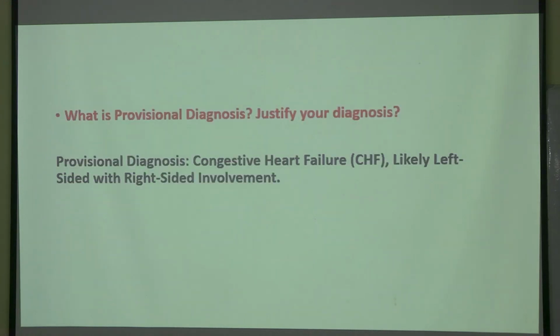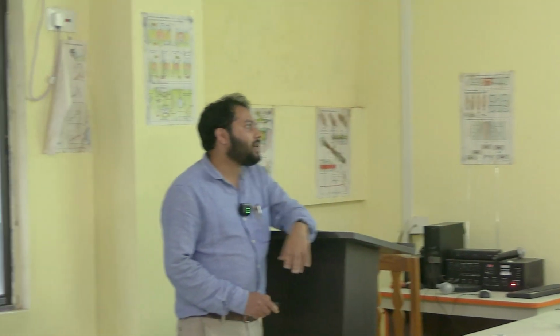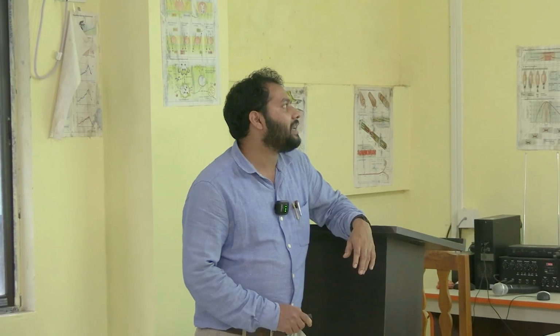If you see the patterns of the diagnosis, or the types of heart failure based on the conditions given here, there is a high chance of the development of left ventricular heart failure, right? And there is some involvement of the right side.